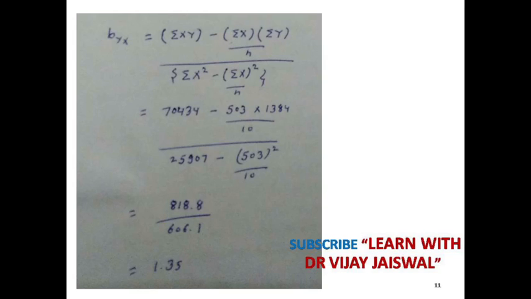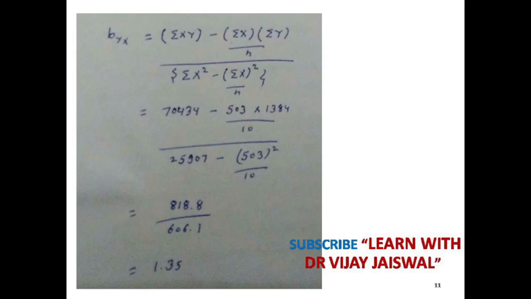The formula is: under bracket, summation xy minus summation x into summation y divided by n, where n is the number of individuals, the whole divided by summation x square minus, under bracket, summation x and then square, divided by n.